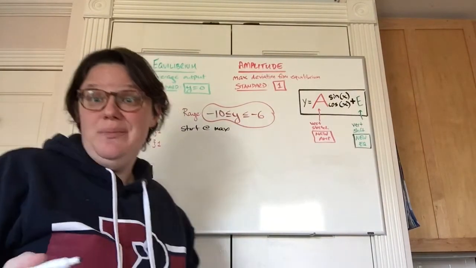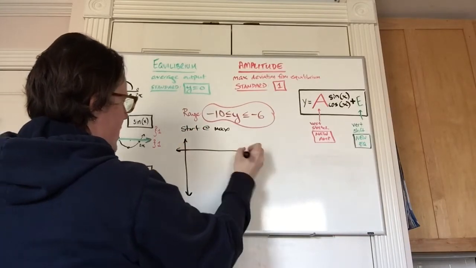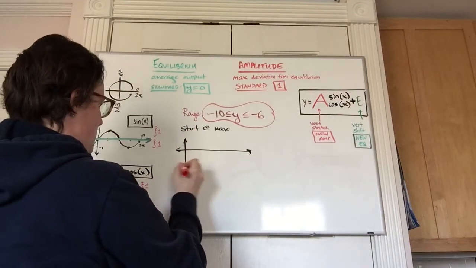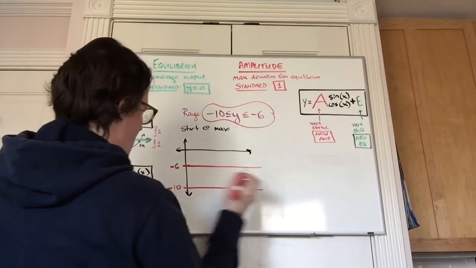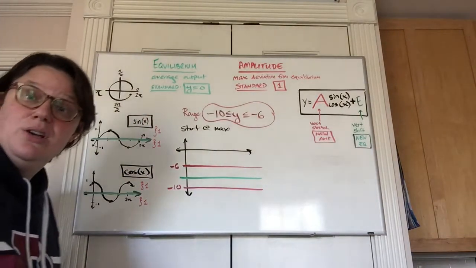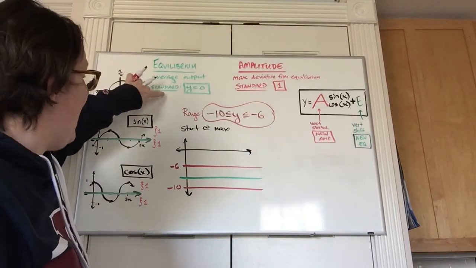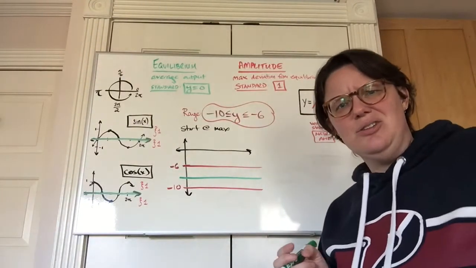So, just like last time, I'm going to start by drawing a little picture. So this graph only has negative output, so it's got a maximum of -6 and a minimum of -10. I want to find the equilibrium line between those. So as a reminder, the equilibrium line is your average output. And sometimes you can do that in your head. Like this one's actually pretty easy to do in your head.